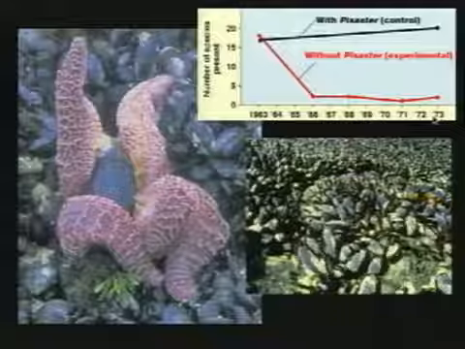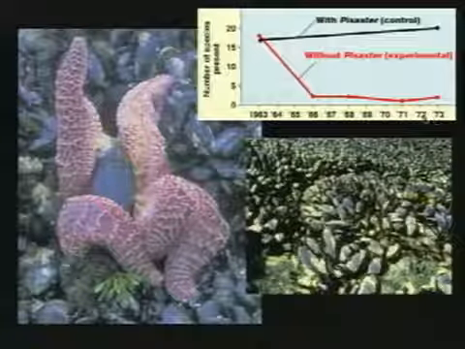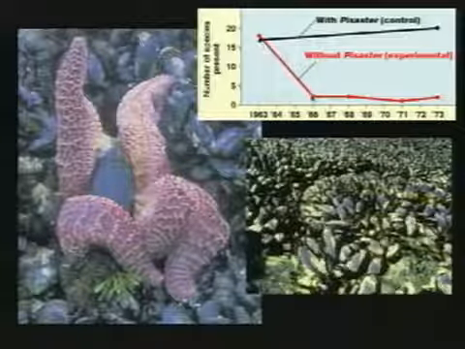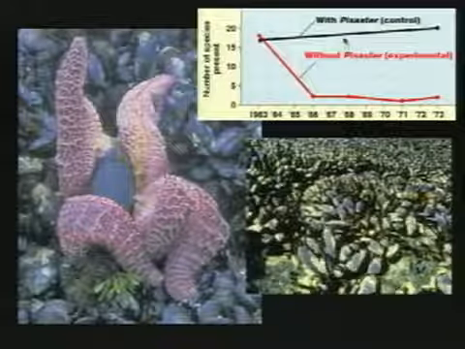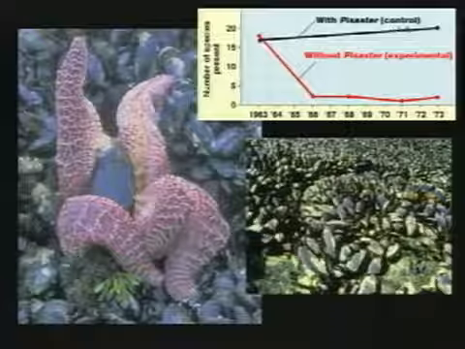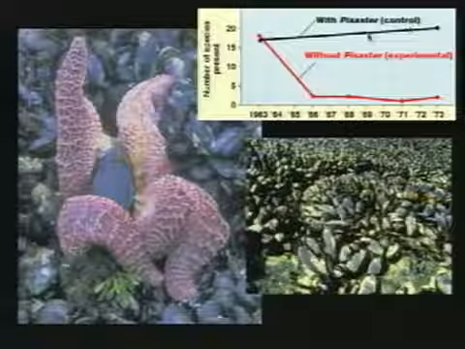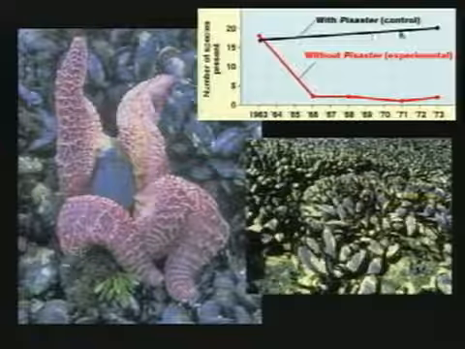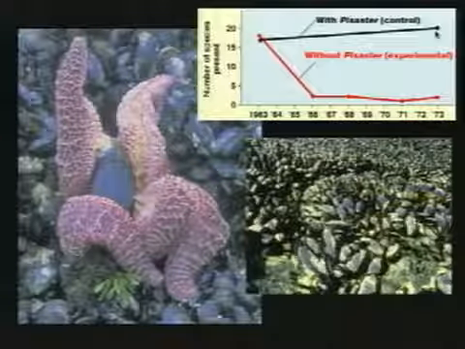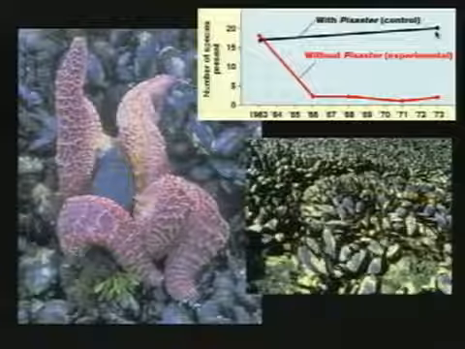That's a really long time for a field study like this. Species richness plummeted in the absence of Pisaster. In an experimental control, where Pisaster was untouched, species richness was more or less maintained over the decade.